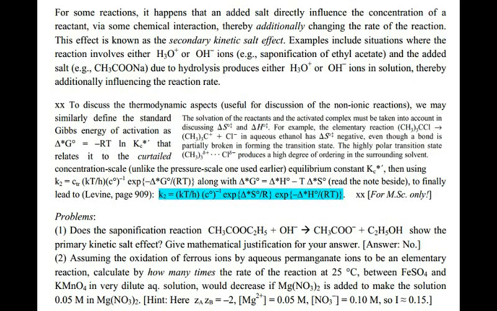So OH minus ions will come not only from the sodium hydroxide but also from sodium acetate. So if from the added salt a reactant comes, or a reactant is consumed by the added salt, then there will be additional change, and that we will call secondary kinetic salt effect.